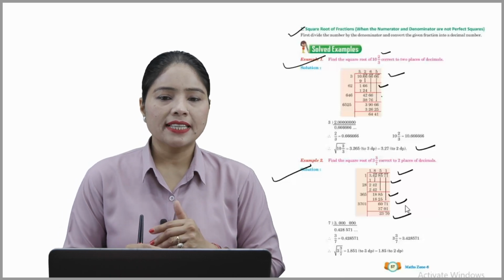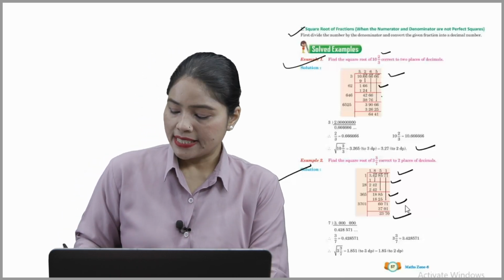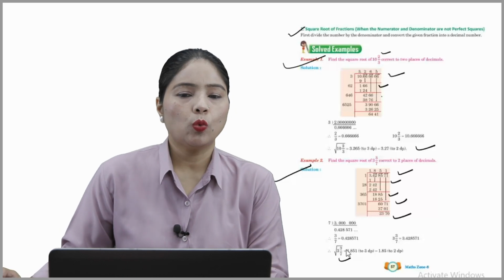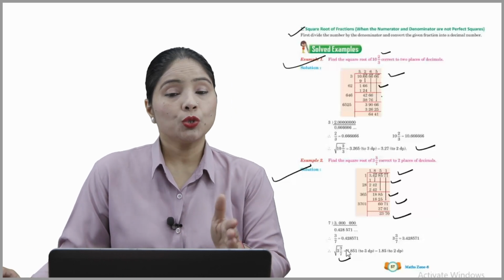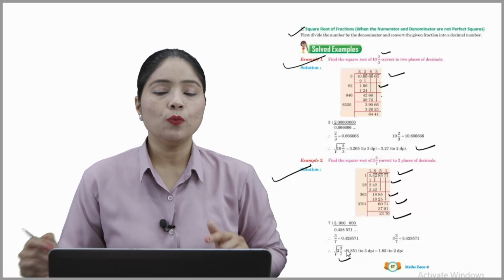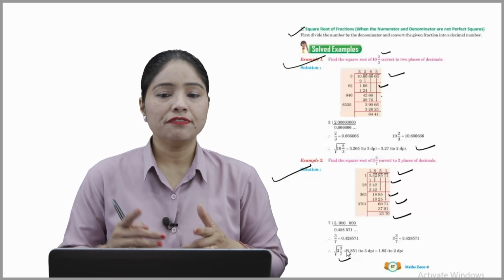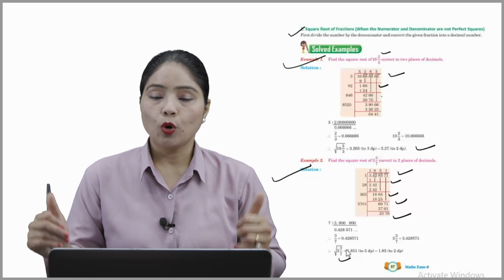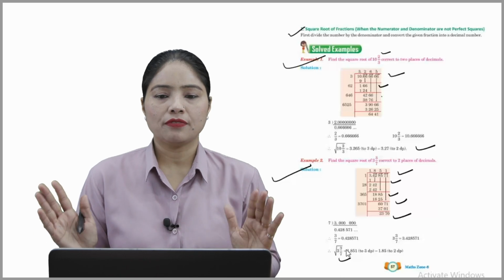Now we can say that root 3 3/7 is equal to 1.851 to 3 dp or is equal to 1.85 to 2 dp beta. Hope you understood the complete method of that one.